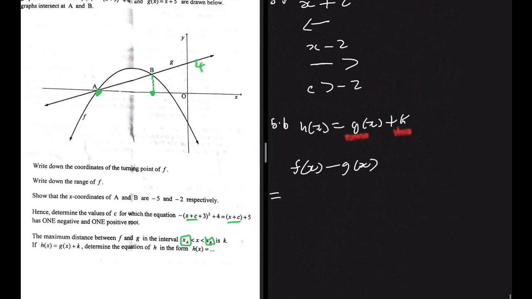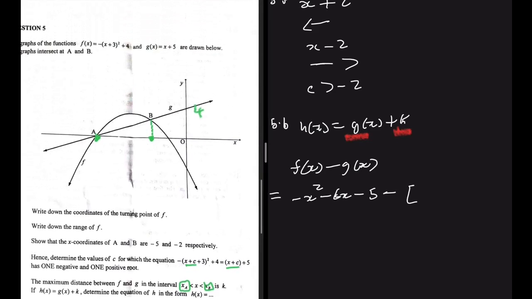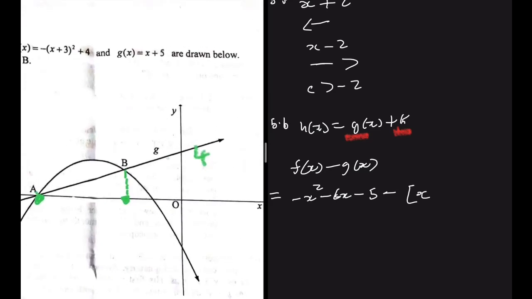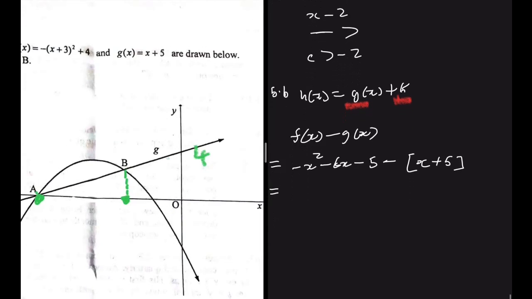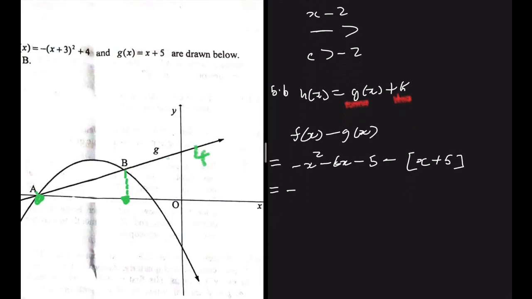So we have minus x squared minus 6x minus 5. And then we're subtracting g of x, which is x plus 5. So we're gonna have minus x squared minus 7x minus 10. So this is the equation for the distance between the two graphs.